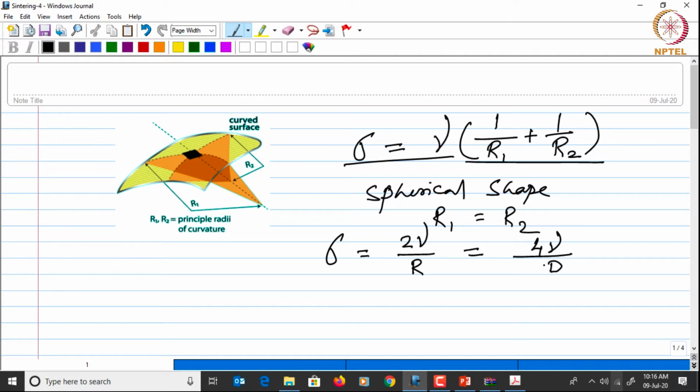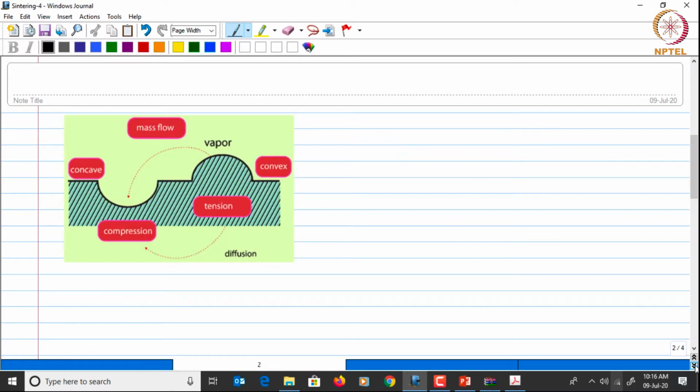Now coming back to this densification that we are talking about, we had seen that it basically happens through the formation of a neck and then the transportation of mass towards the neck for it to grow and the densification to proceed. The mass transport which happens during the densification will also be affected by this stress which is generated due to the curvature.